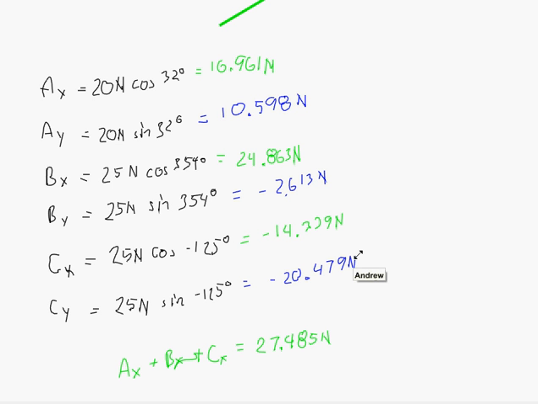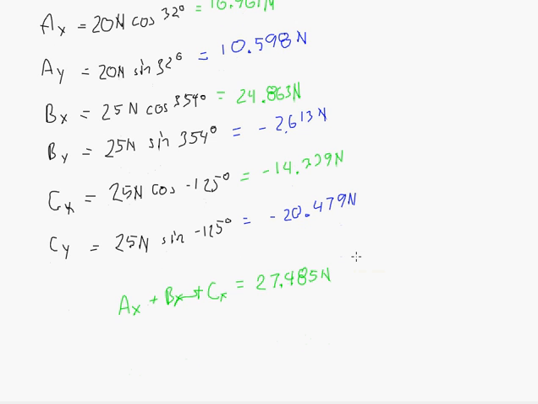Negative 20.479 minus 2.613 plus 10.598, and that is ay plus by plus cy equals negative 12.494 newtons.